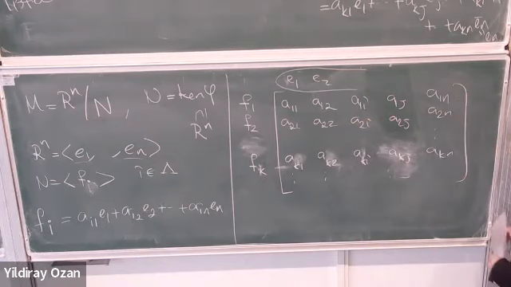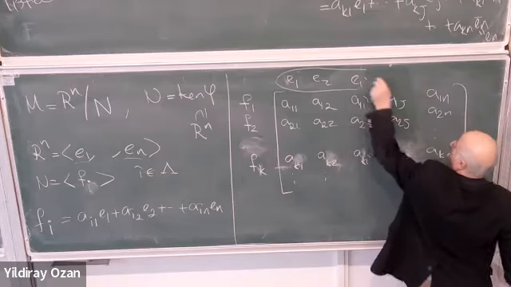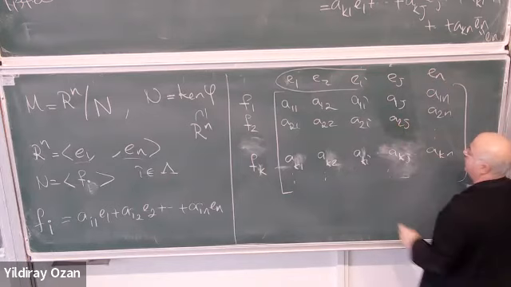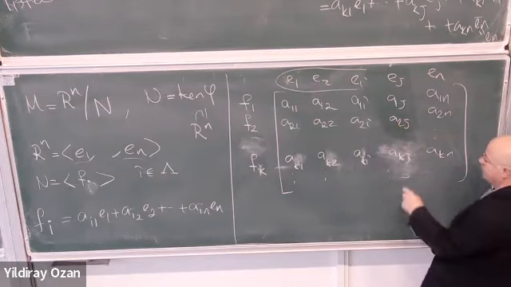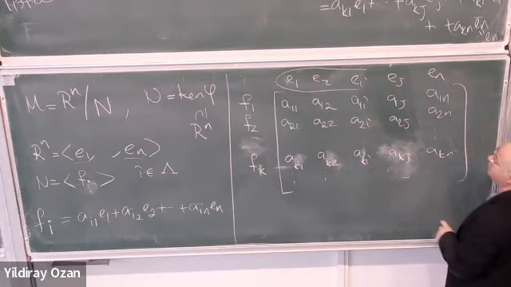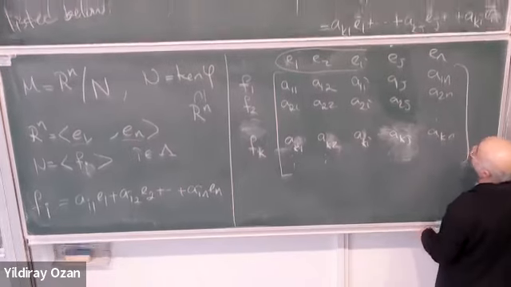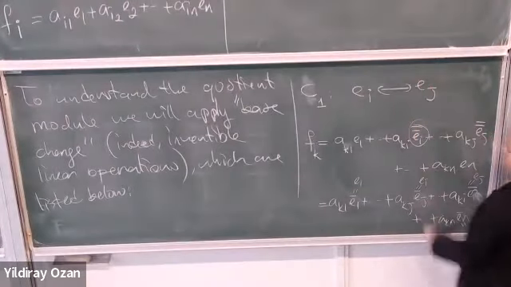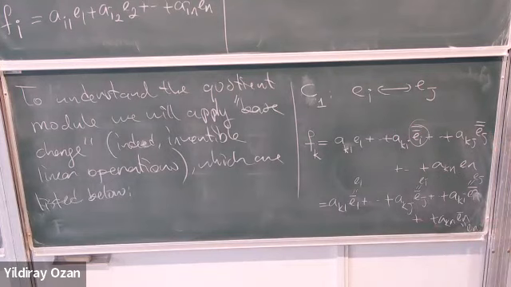So, replacing the ith basis element with the jth basis element will result here the change of the ith and jth columns. So this operation will result that the ith column and jth column will interchange.